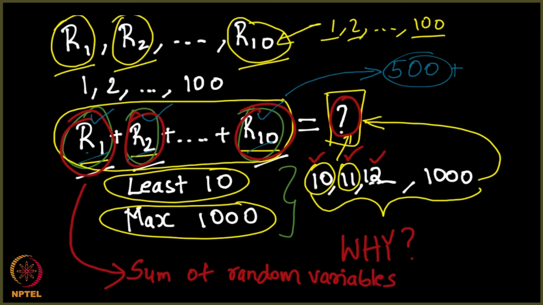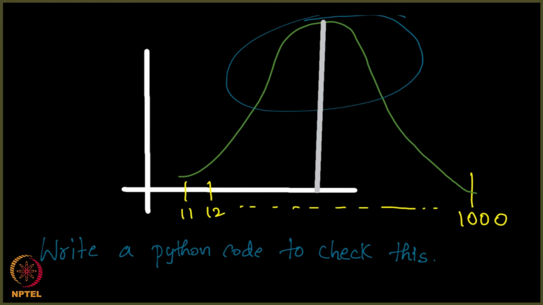This is a term that you wouldn't have really heard of unless you have done a course in statistics. But just see random variables as simply random entities which can take any values. Now, this is the resultant.